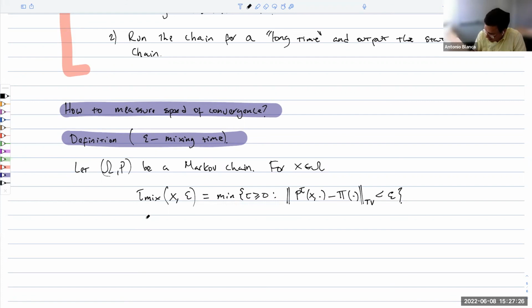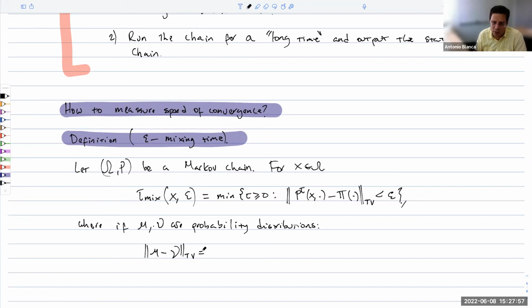And just to complement this, if you haven't seen it: if mu and nu are probability distributions, the total variation distance between the two distributions is essentially half of the L1 norm between the two distributions.